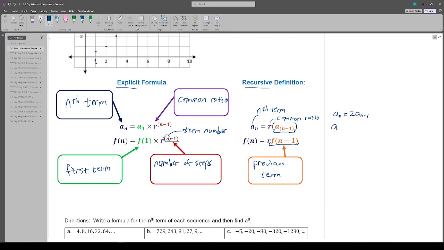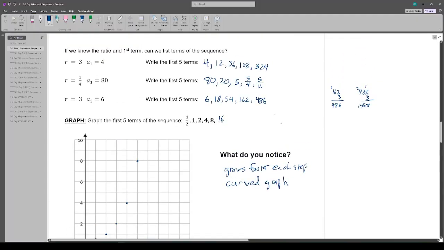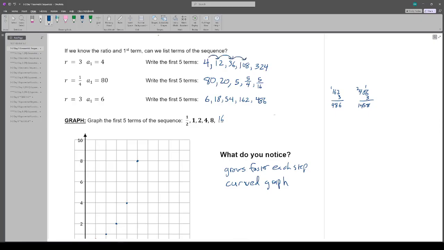So if I wanted to know a12, then I need to do 2 times a11. So I can't do math with this because I have to know what came before it in the sequence. So the way you could think of it is recursive is what we were doing here. We were applying a recursive definition to just go one step at a time, step, step, step.